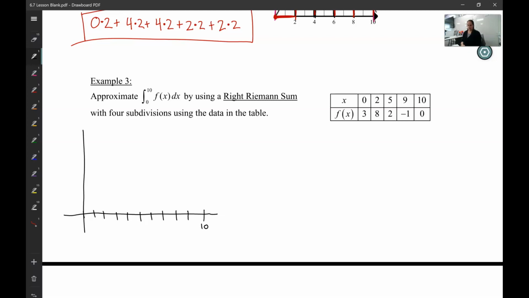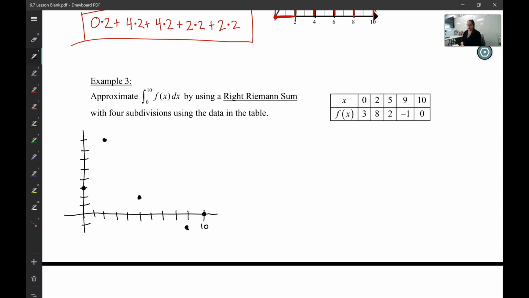My f values go from -1 up to 3, 4, 5, 6, 7, 8. So I've got 0, 3, 2, 8, 3, 4, 5, 2, 5, and then I've got 9, -1, and 10, 0.